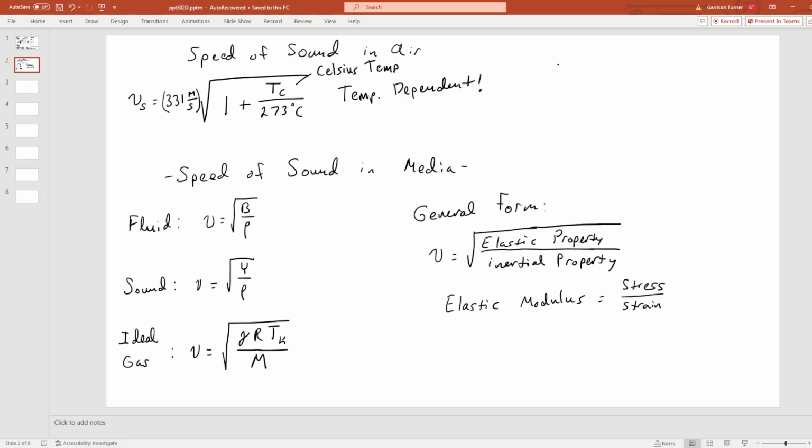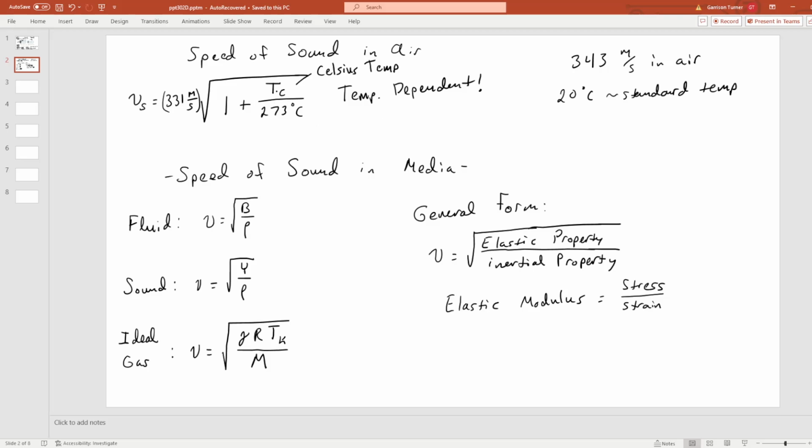You will often see this number for the speed of sound in air, and where this comes from is we usually take 20 degrees Celsius as our standard temperature.